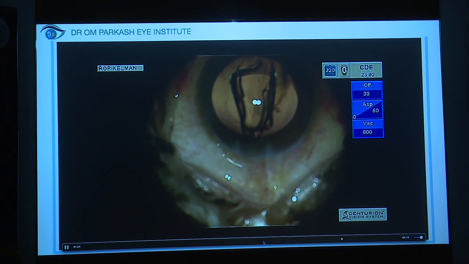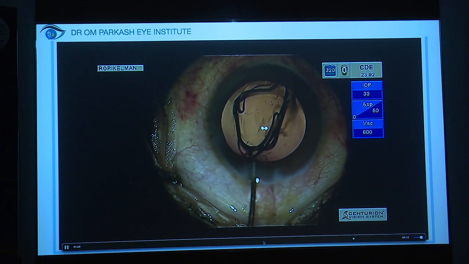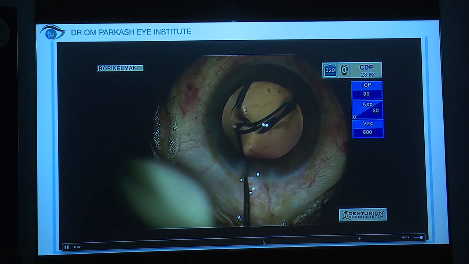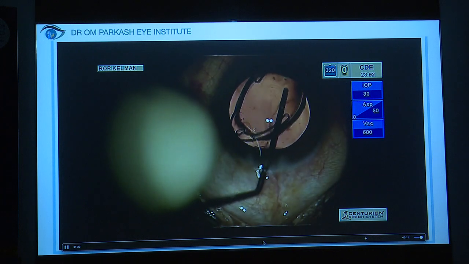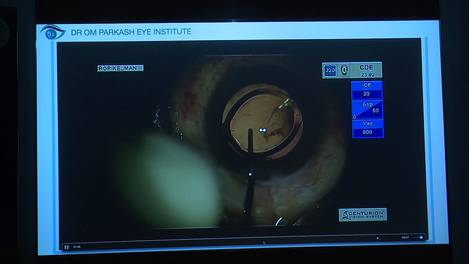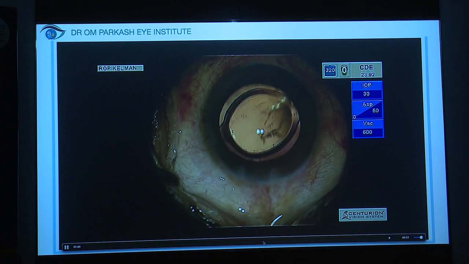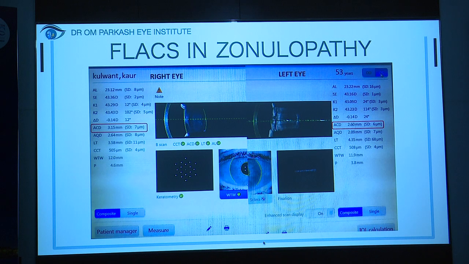Then the hyaloid phase was intact and the IOL was placed in the bag. So there should be no tapping of the lens, as it can lead to the extension of the PCR, and the case was completed.